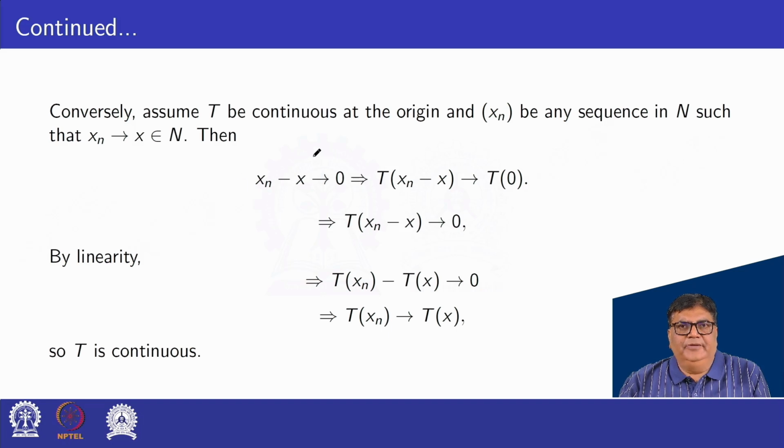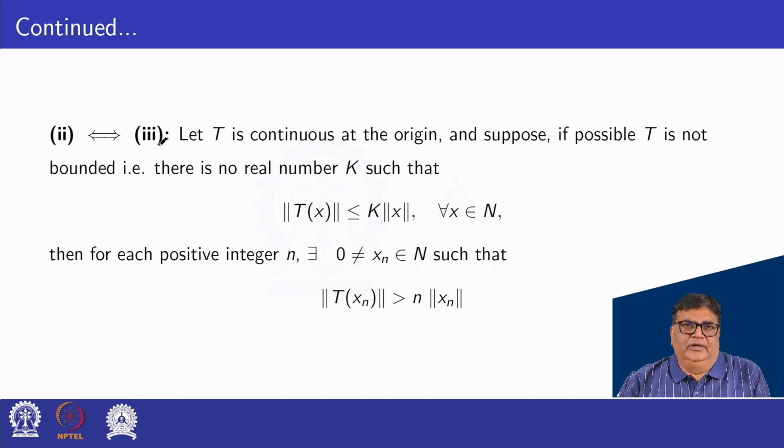Then as per the definition of continuity, T(xn minus x) tends to T0, which is 0. By the linearity property, Txn minus Tx tends to 0. This implies that Txn converges to Tx as n tends to infinity. So this proves that if xn converges to x, then Txn converges to Tx, that is, T is continuous.